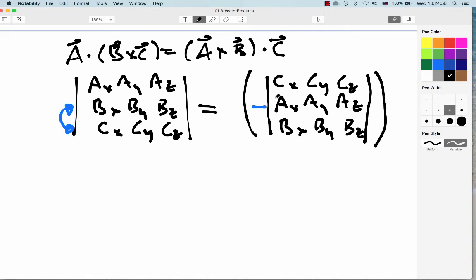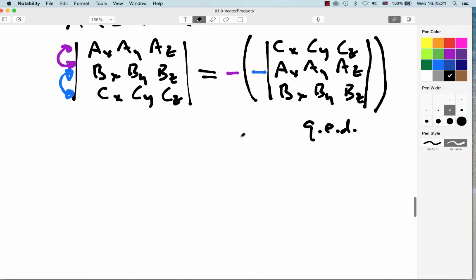And then the next step will involve me swapping. I now have the B's in the bottom where they're supposed to be, but I've got the A's and C's reversed, so I'll need to swap again like so. So I pick up another minus sign. The two minus signs cancel, and that completes the proof. All right, so that is the scalar triple product.